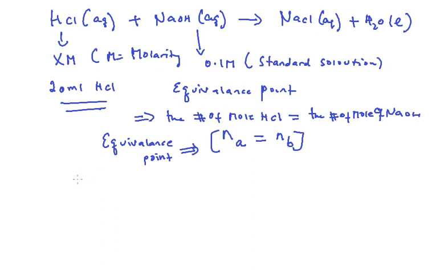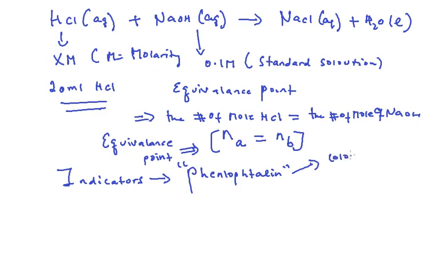When you do titration in most cases we use indicators, and the indicators will tell you whether you reach the equivalence point or not. The common indicator that we use for titration is called phenolphthalein. Of course, there are so many indicators, but in this case we're going to use phenolphthalein. Phenolphthalein is colorless in acidic media.